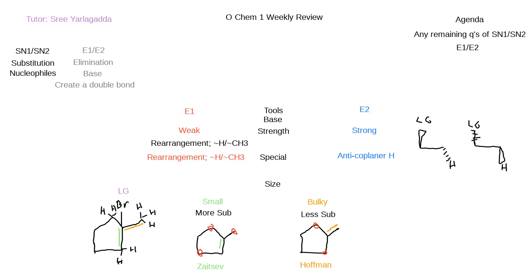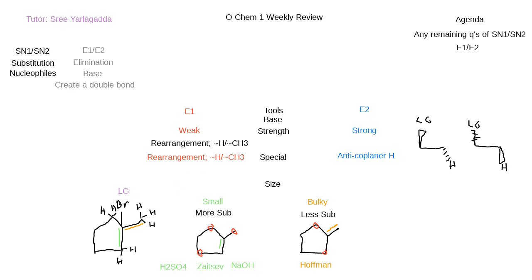To give you examples of small bases, the most typical common ones are NaOH, as well as H2SO4. These should tell you right away that you are creating a Zaitsev product. We'll just put them right next to each other.